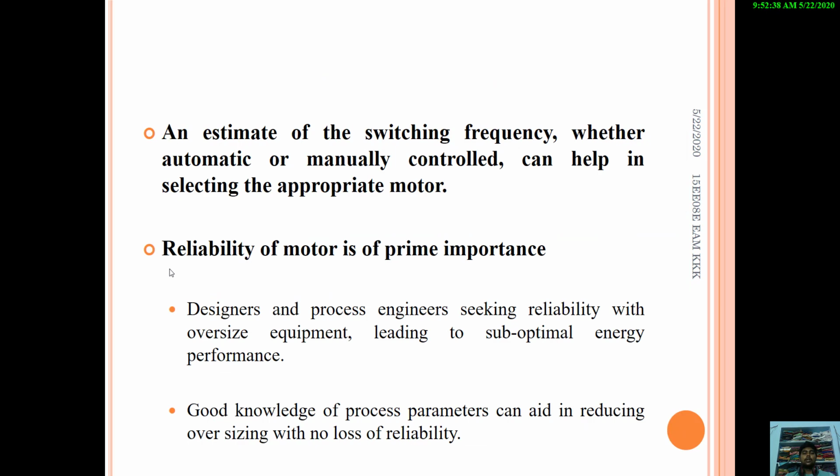And the next one is an estimate of the switching frequency, whether automatic or manually controlled. There are two types of control possible in a motor or any device: open loop control or closed loop control. The open loop control is a manual control. That is, we give some input and we extract some output.